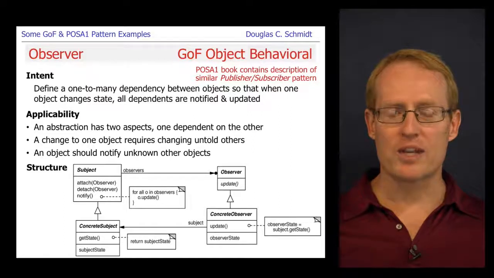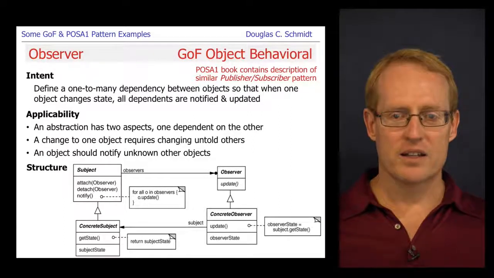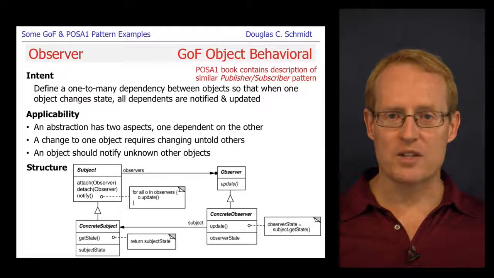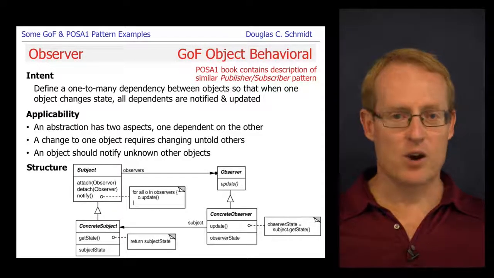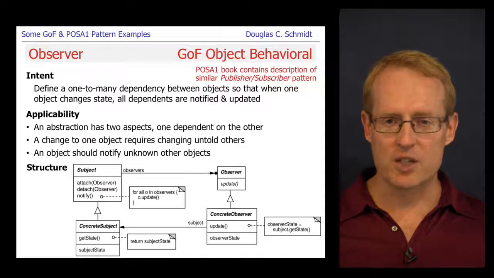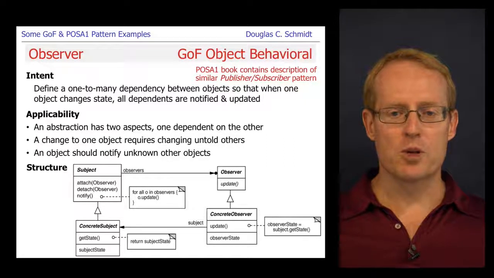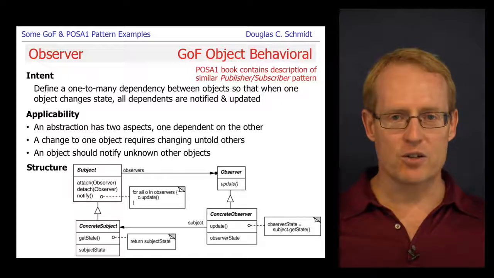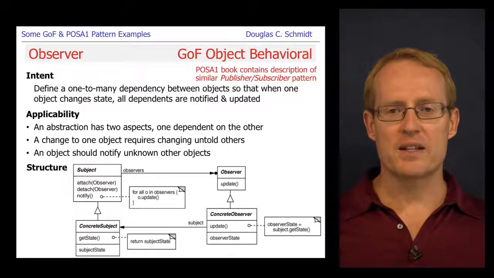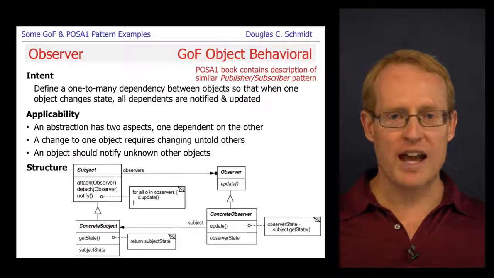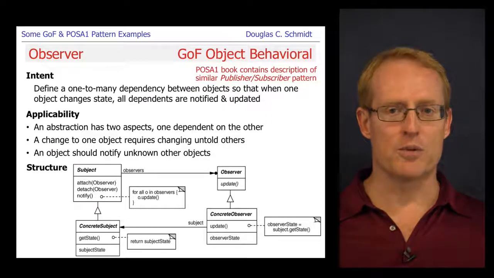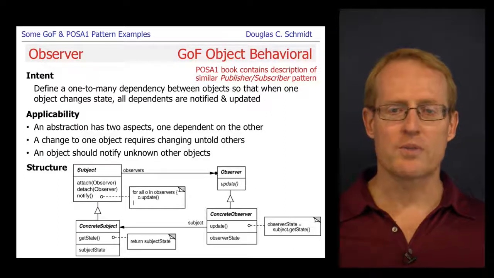There's a number of different ways to structure this pattern. The particular way we're looking at here is based on the Gang of Four perspective, but be aware that there's lots of other ways to do this pattern that are still observers that don't slavishly follow exactly this structure. Typically what you do with observer is you have a subject role that has a couple of methods that allow you to attach and detach instances of observer, usually references or pointers.